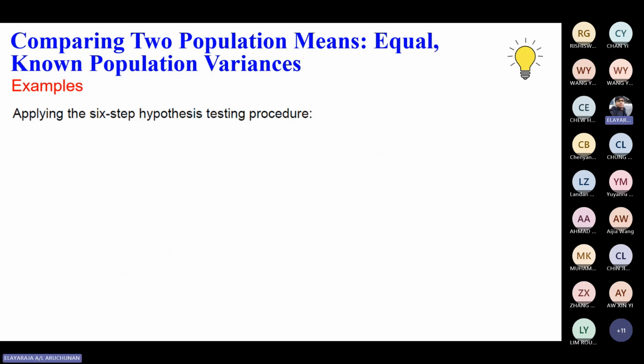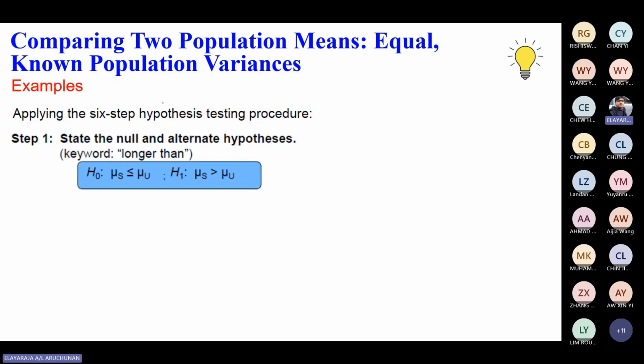Now, our main objective is we're going to test the hypothesis. And we need to know that the first step is you need to write the null and alternative hypothesis. As we know just now, we read the keywords longer than, so whether the customers lining up in the standard checkout lane is longer than the fast lane.